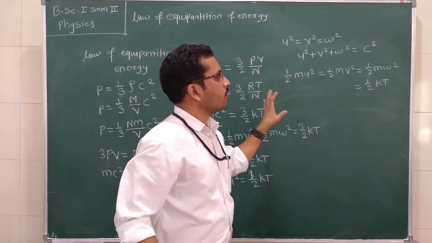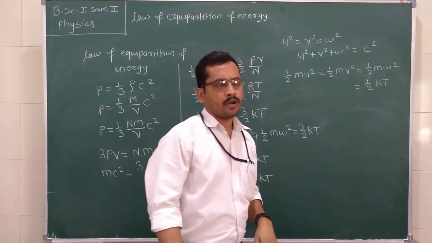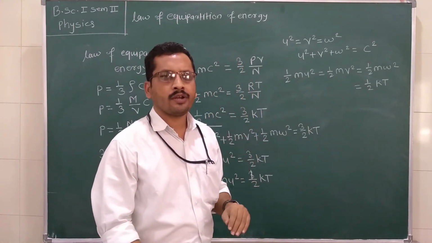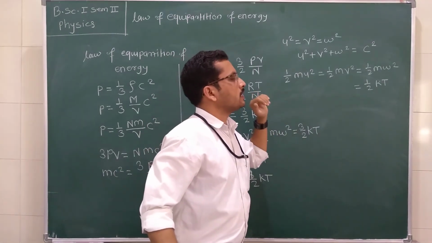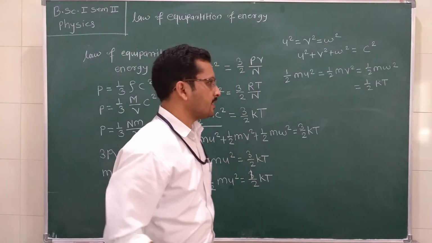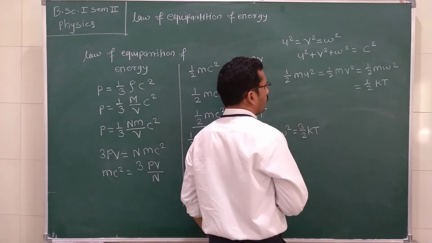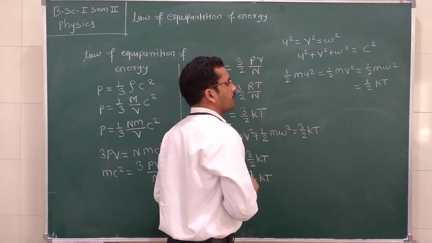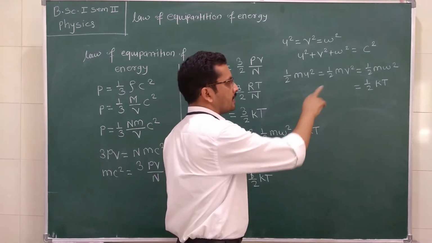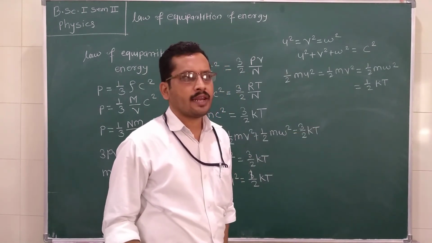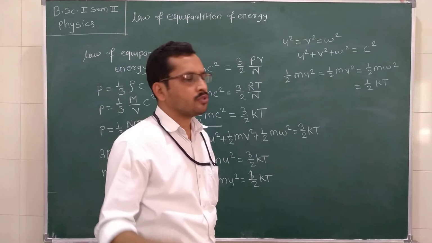Now this is all about a single molecule. If we are going to find out this energy for 1 mole of a gas, then we can multiply this equation by N, where N is nothing but the Avogadro's number.